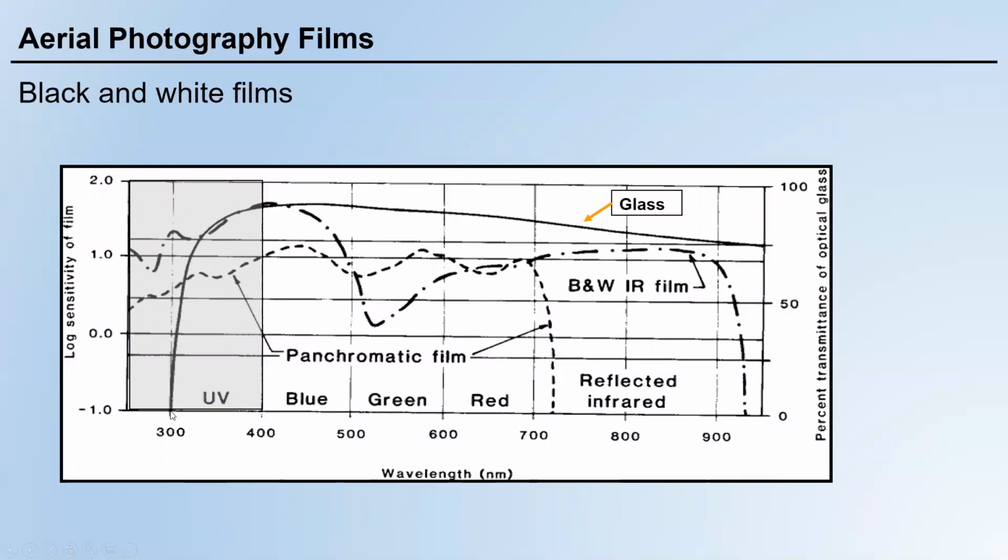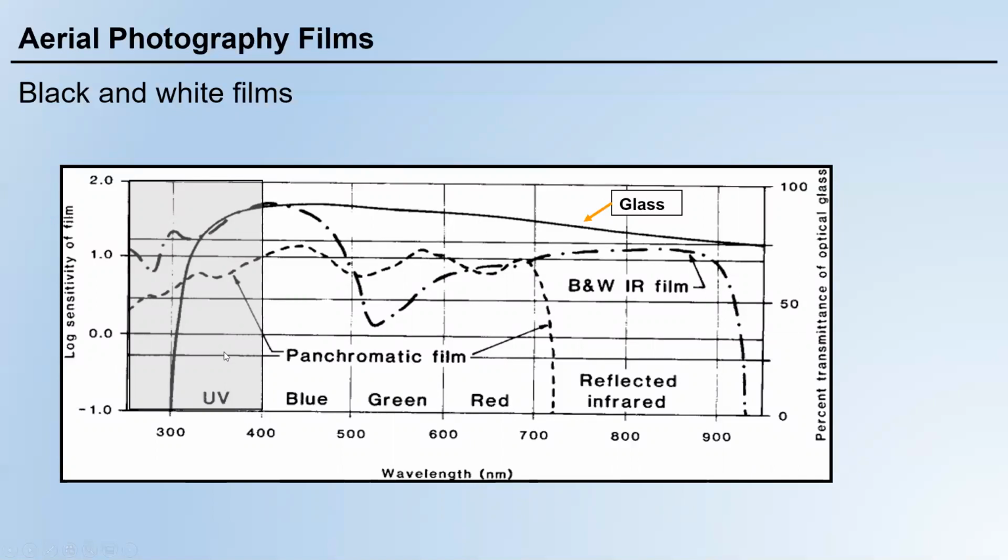At the very beginning of UV light, glass does not absorb a lot of energy, but this absorption ability increases dramatically when the wavelength is closer to blue, and glass will just absorb a lot of UV light and blue light here, which means that panchromatic film cannot do a lot for blue light and UV light. So that's the limitation, because most UV energy and blue energy are absorbed by glass, by the lens of the camera.